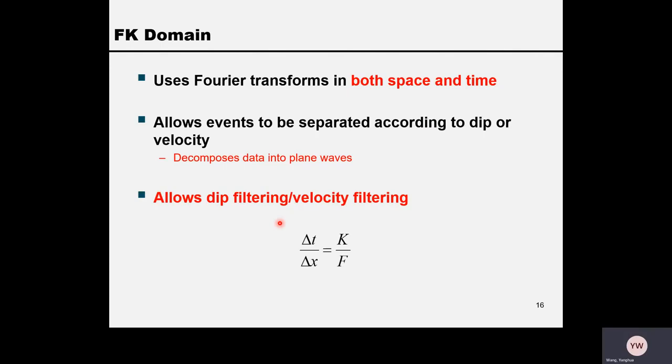On the right-hand side, the wave number is cycles per meter. Temporal frequency is hertz, which means cycles per second. So cycles cancel by cycles, and you end up with second per meter. This is the way to memorize that.